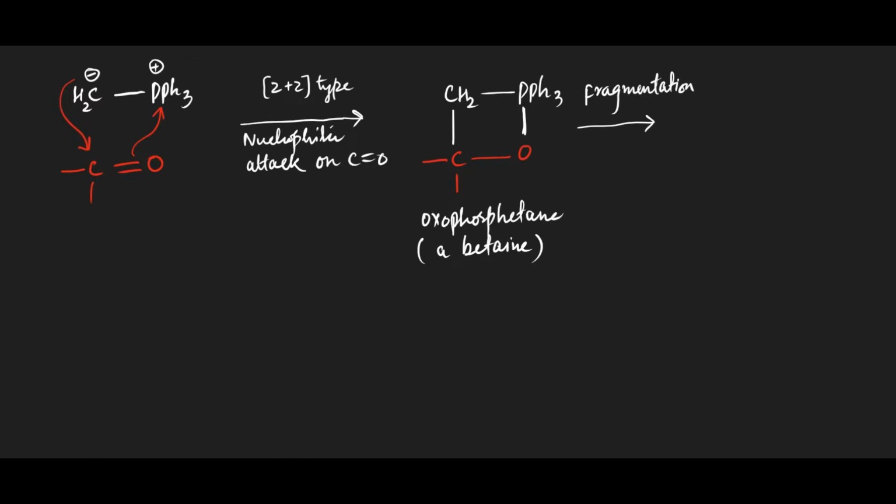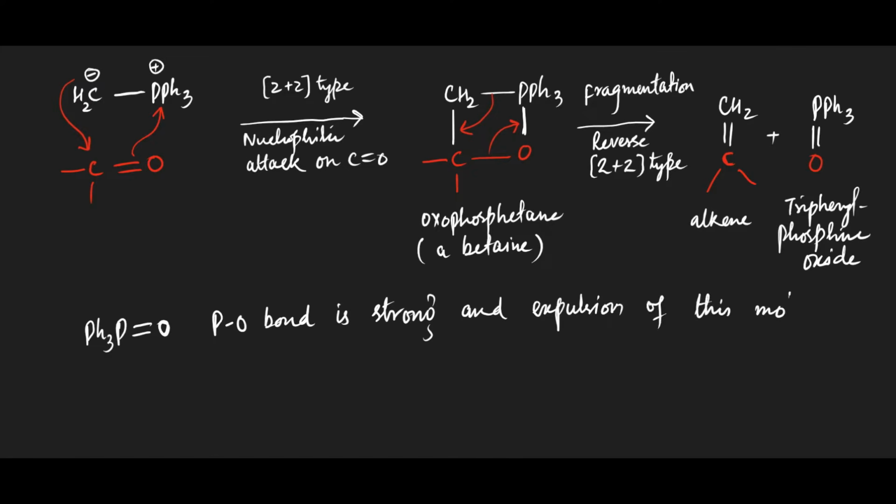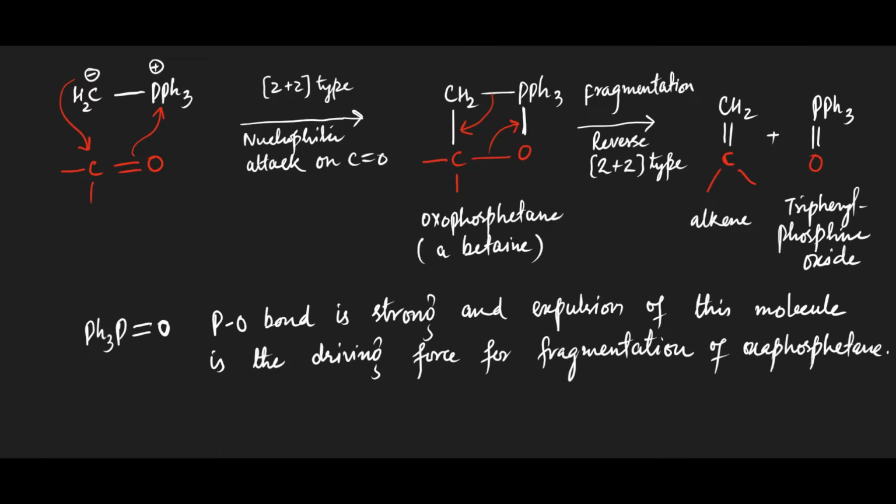This intermediate then undergoes fragmentation to give the alkene product, as well as triphenylphosphine oxide as byproduct. The P=O bond is a strong bond, and expulsion of this molecule is the driving force for the fragmentation of the oxaphosphetane intermediate.